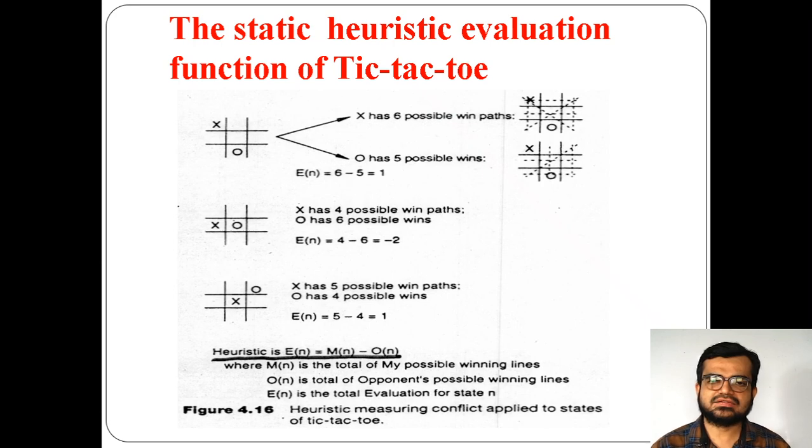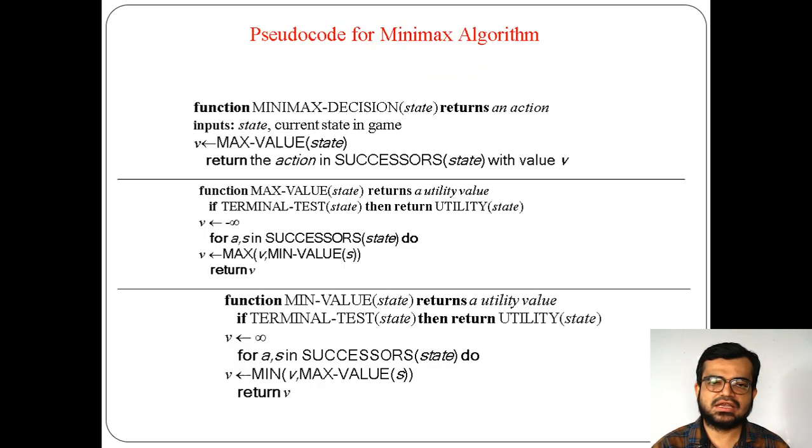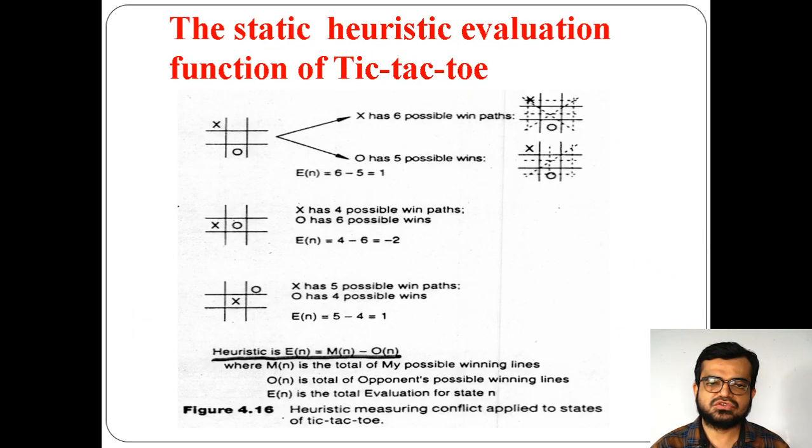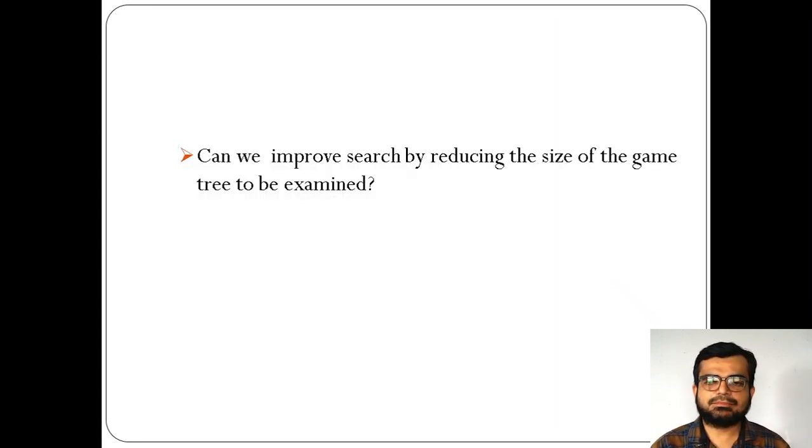In the last class, I already discussed the evaluation function as well as the Minimax algorithm. But there is one problem in the Minimax algorithm, and today we are going to see how we can resolve the problems which occurred in it.